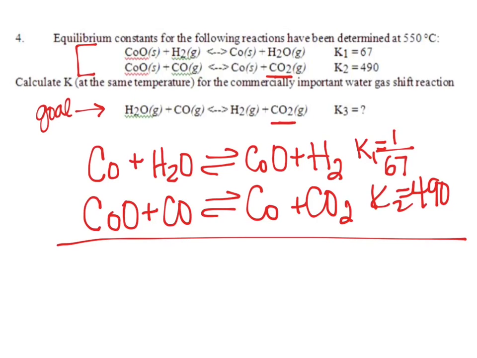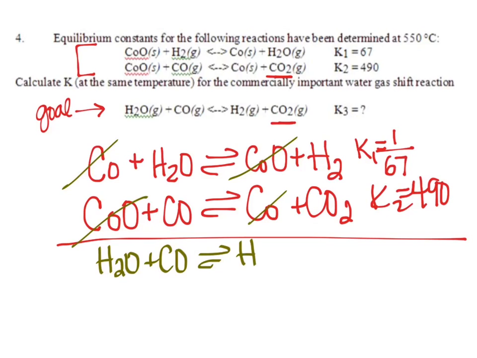So I'm going to make sure that this equation works out. So the CO2s cross out, and the cobalts cross out. And we are left with H2O plus CO produces H2 plus CO2.